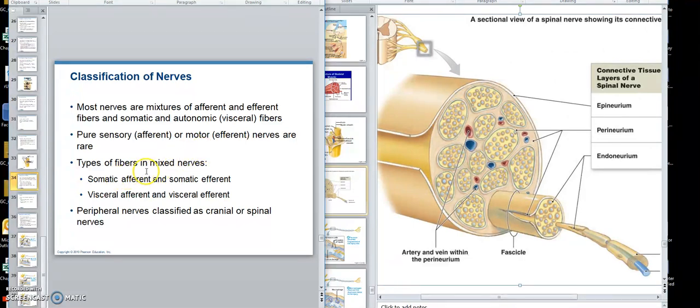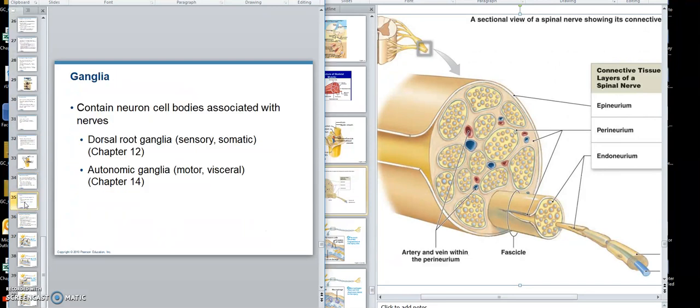In the types of fibers, somatic, afferent, efferent, peripheral nerves are classified as cranial or spinal. Remember, we had 12 cranial nerves, bilaterally 24, and we had 31 spinal nerves coming off. Remember? Okay. Ganglia, let's go back to our definition of what a ganglia was.